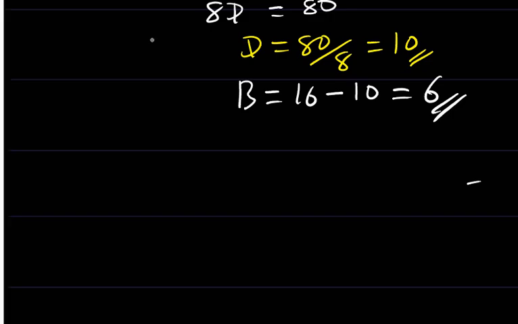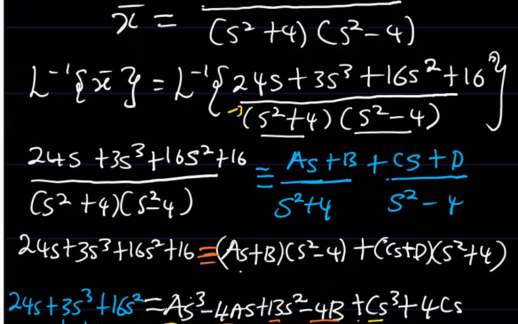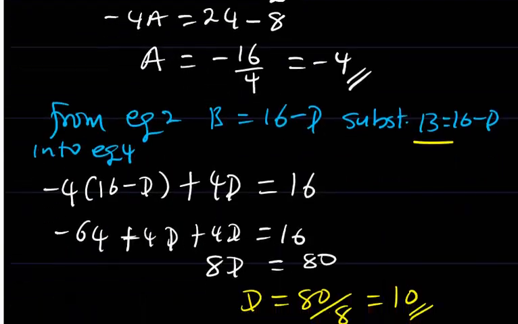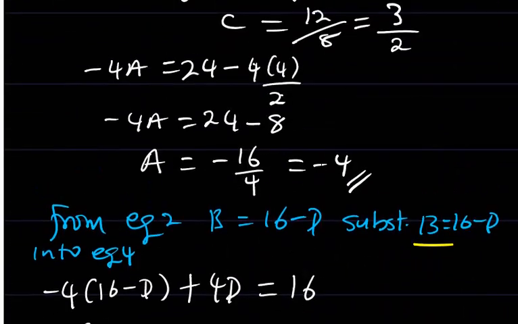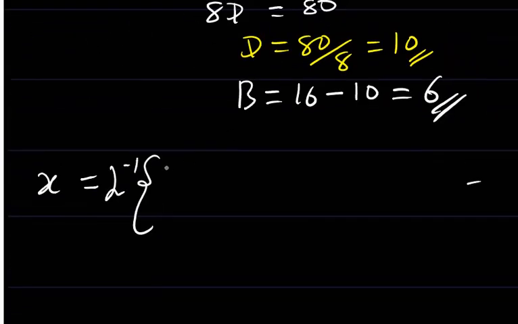Our equation S is going to be equal to the inverse Laplace transform of the partial fractions. The first is AS plus B all over S squared plus 4. What's my A? My A is minus 4, so minus 4S plus B, which is 6, all over S squared plus 4.